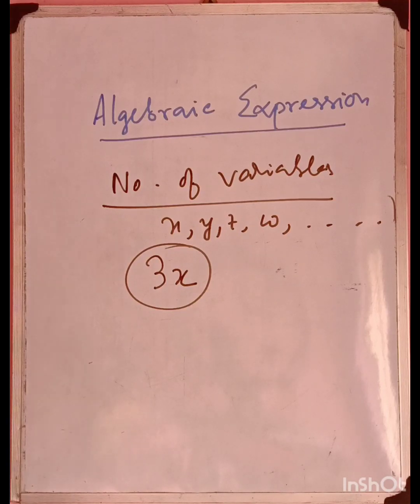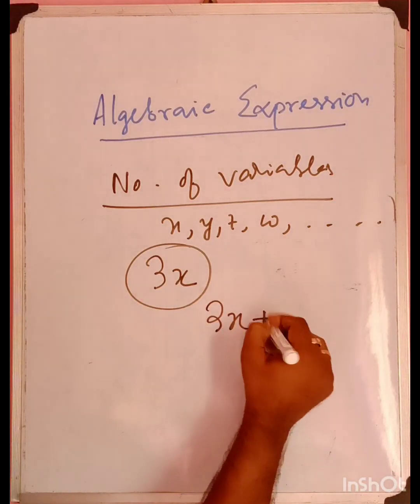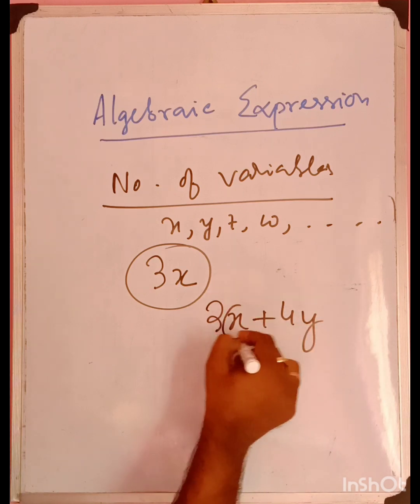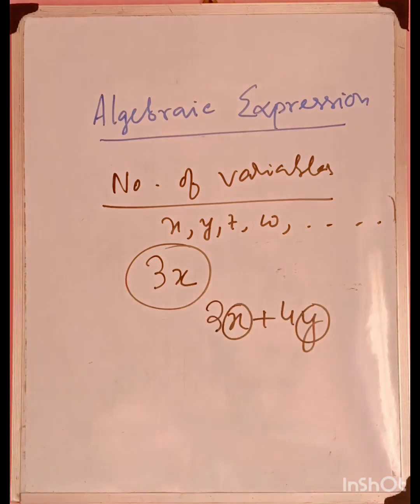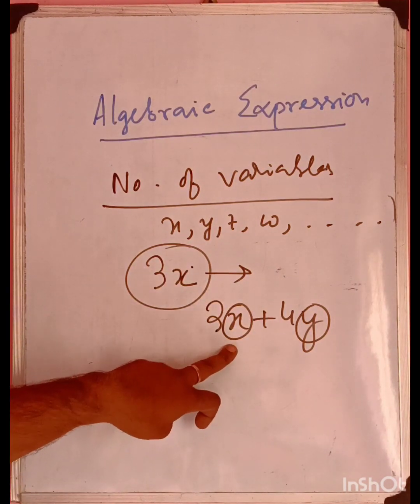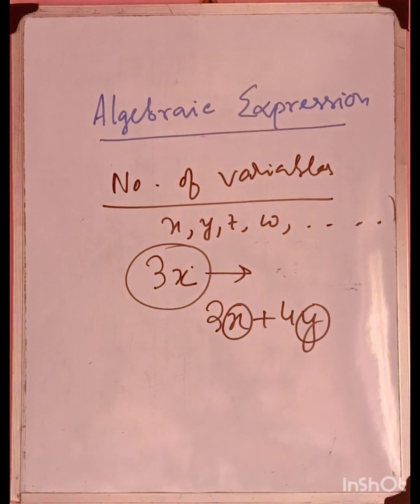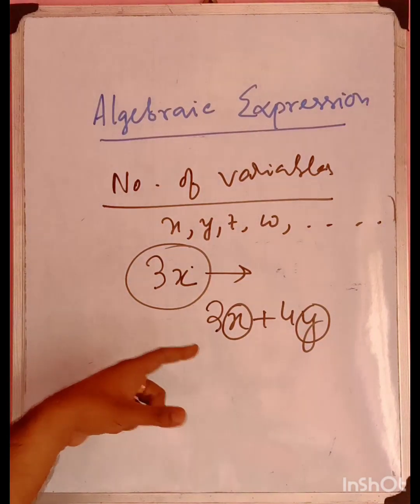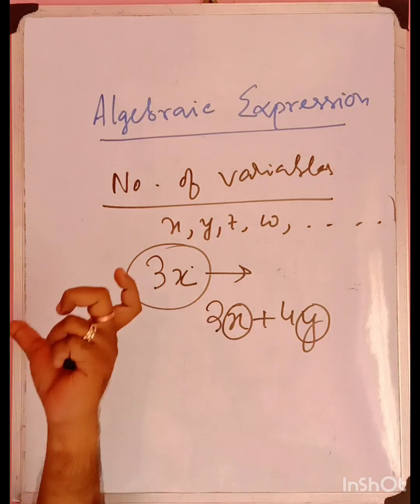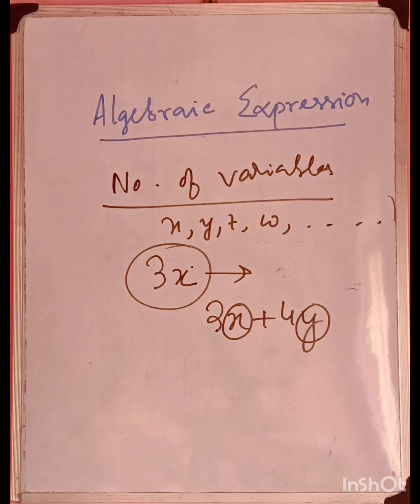Polynomial with more than one variable is like 3x plus 4y. X is a variable, y is another variable. So this is monomial actually, this is only one term. Monomial with one variable, this is polynomial with two variables. Clear? These are the concepts. You must have the concept that we can use more than one variables in an expression, or an expression can have only one variable.